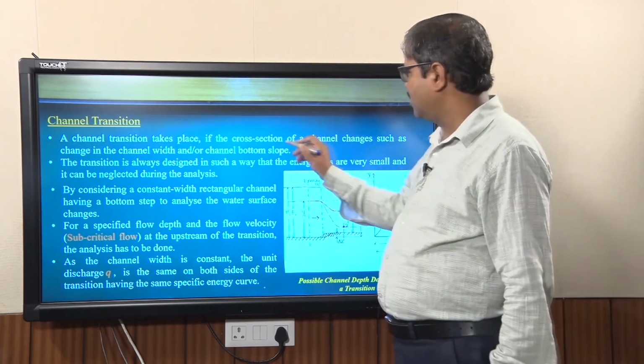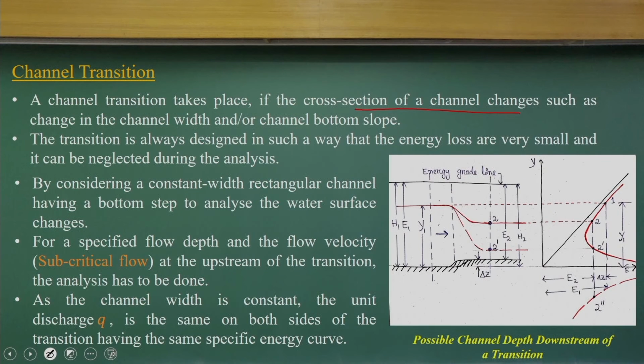That means the cross section of a channel changes, such as channel width or channel bottom slope. The width of the river can change, or the channel bottom slope can change, and there could be a rise or a fall, and that is what transitions are.